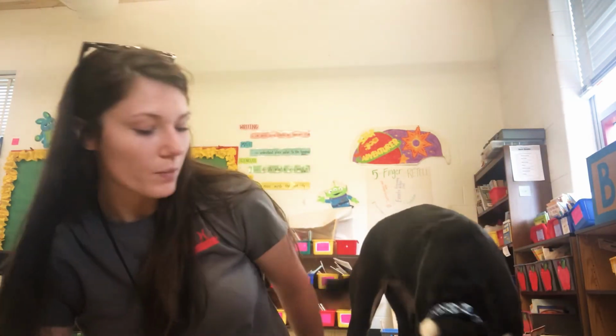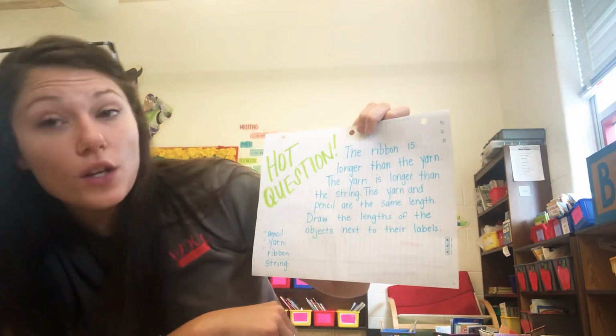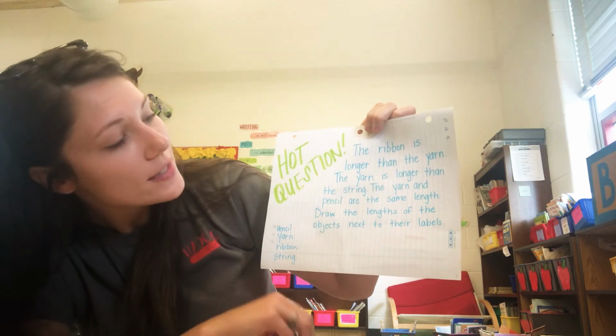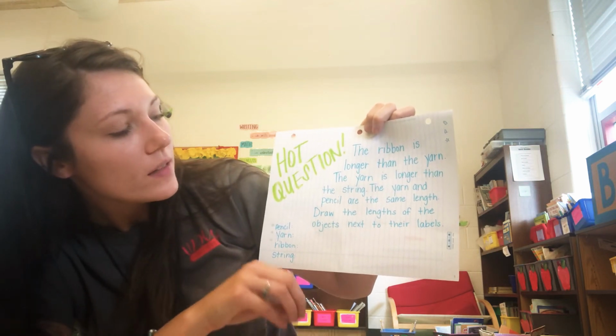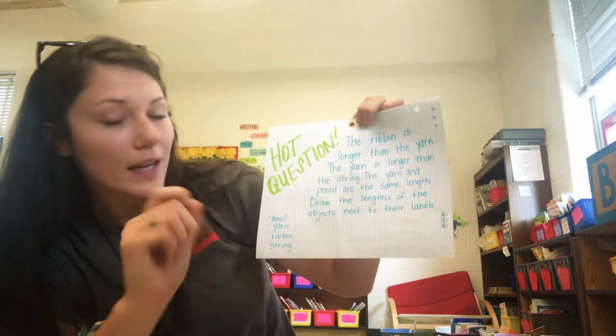So here is your hot question of the day, and this is going to review what we learned last week with indirect measurement. It says, the ribbon is longer than the yarn. The yarn is longer than the string. The yarn and the pencil are the same length. Draw the lengths of the objects next to their labels.